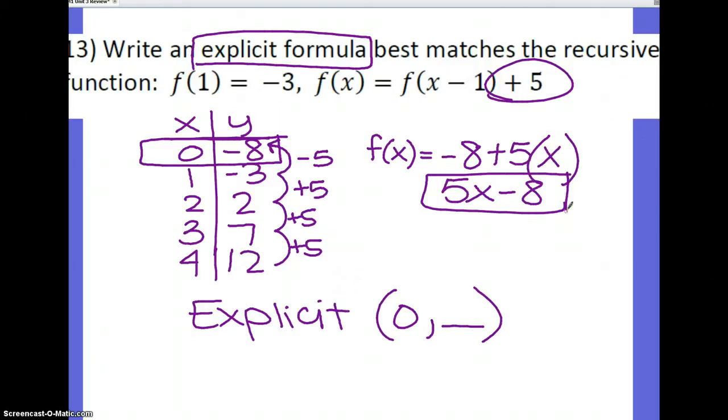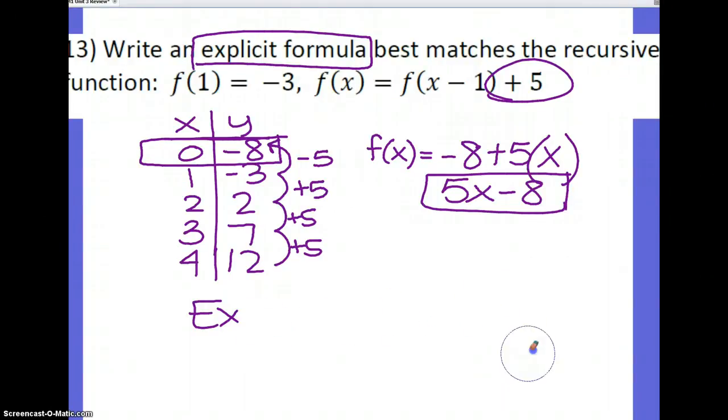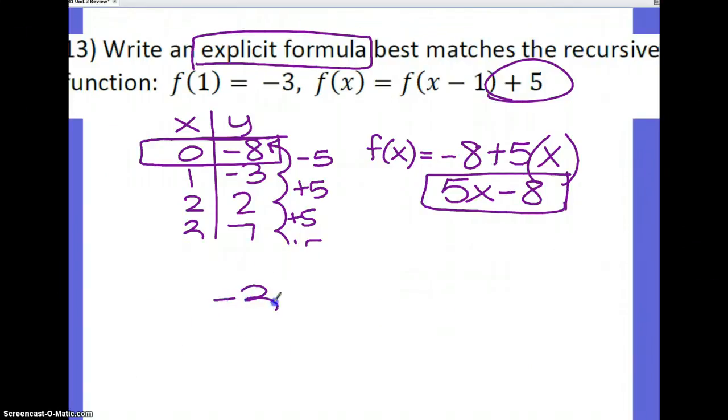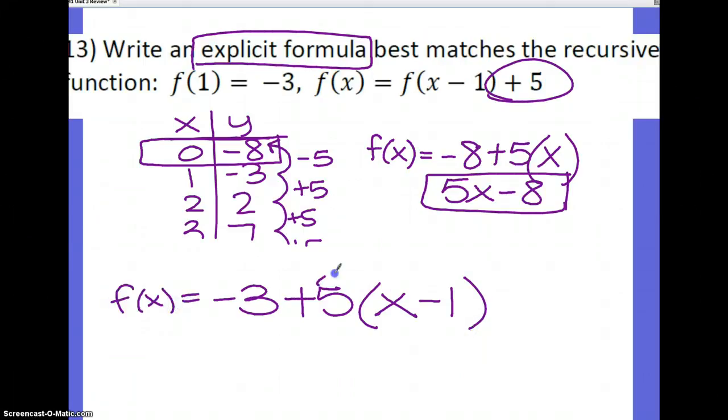If you wanted to, you really could just write it as the regular form using the first term like we've done before. So if we do that, we'd use -3. It's adding 5 every time, and then x minus 1. But what you'd have to do from here is you'd actually have to distribute the 5 and combine like terms.